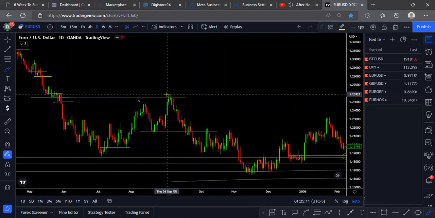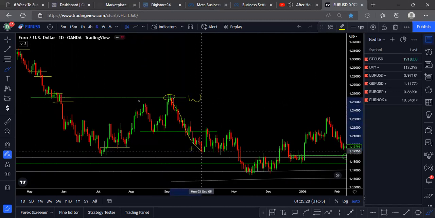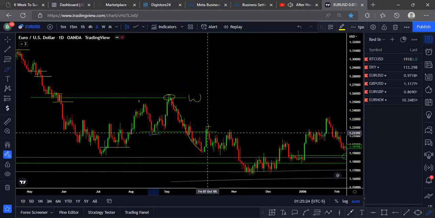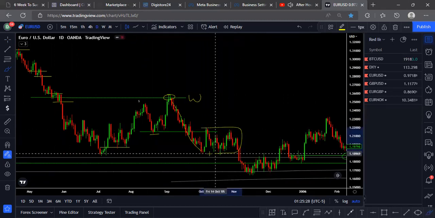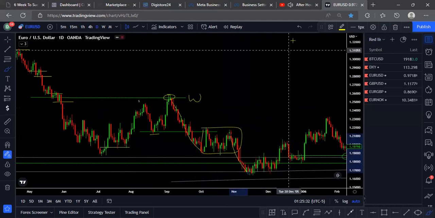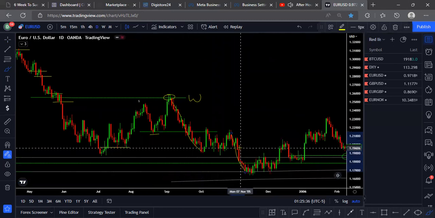We had that rejection from that weekly point of interest, right? Our green was our weekly. We had a strong push to the downside with a break of structure. And then what happened? We had an area of consolidation and then another break of structure right here, right?